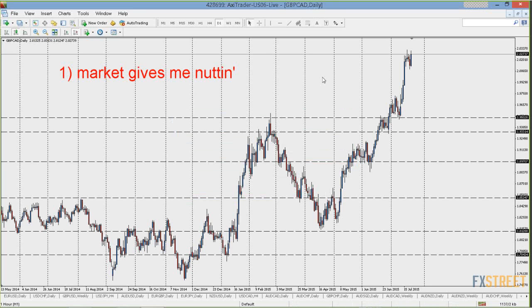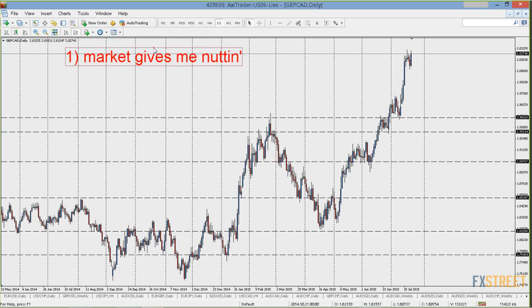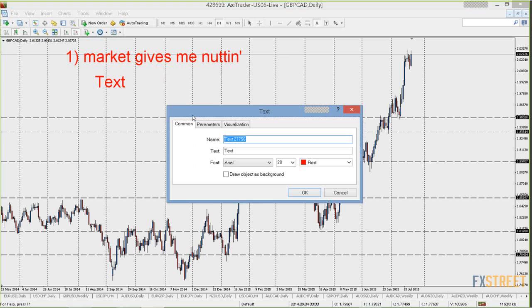So if the market goes to a support and resistance level and it gives me nothing, then guess what? I get nothing. And there's nothing I can do about it. And that's actually what happens most of the time. That's why I'm not trading every single pair on Earth. I'm mostly waiting for 2 and 3 to happen.